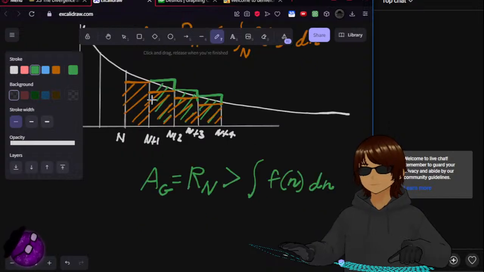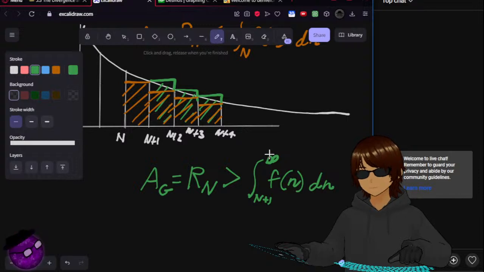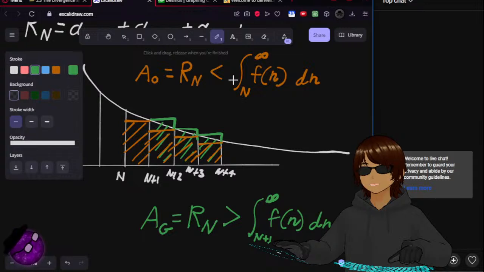Under the graph from n plus 1 to infinity. I think this is the proper way to explain it, so that R_n is bounded between these two.